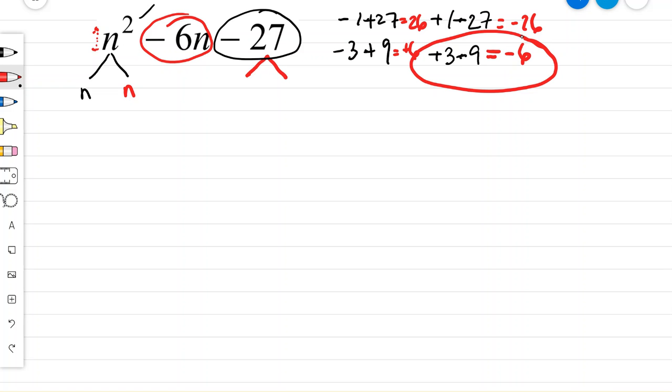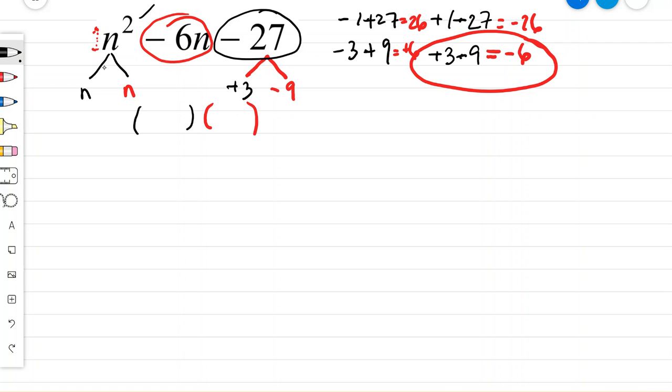So let's bring those over here, and we're going to put the positive 3 here, and we're going to put the negative 9 here. Well, the way we have everything situated, we're going to have a parentheses on the left, and we're going to have a parentheses on the right. Everything that's pointing left will go in the left parentheses.